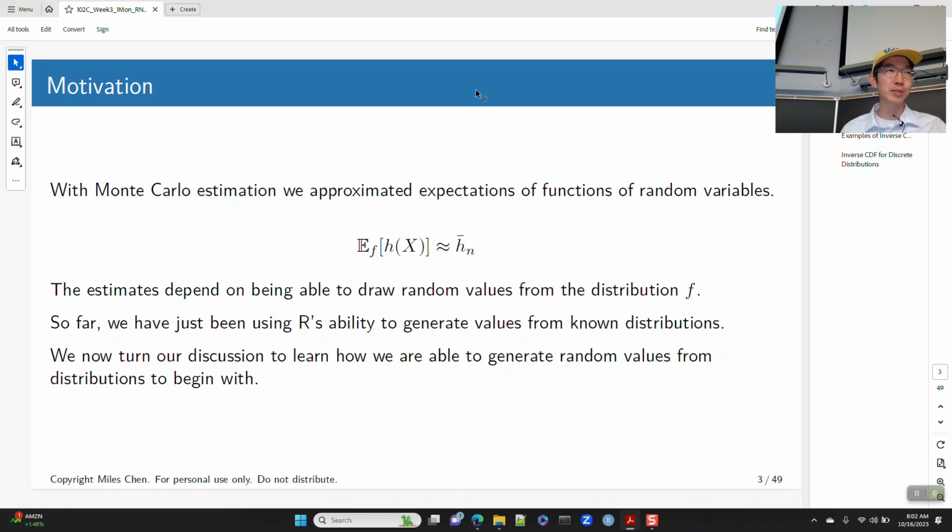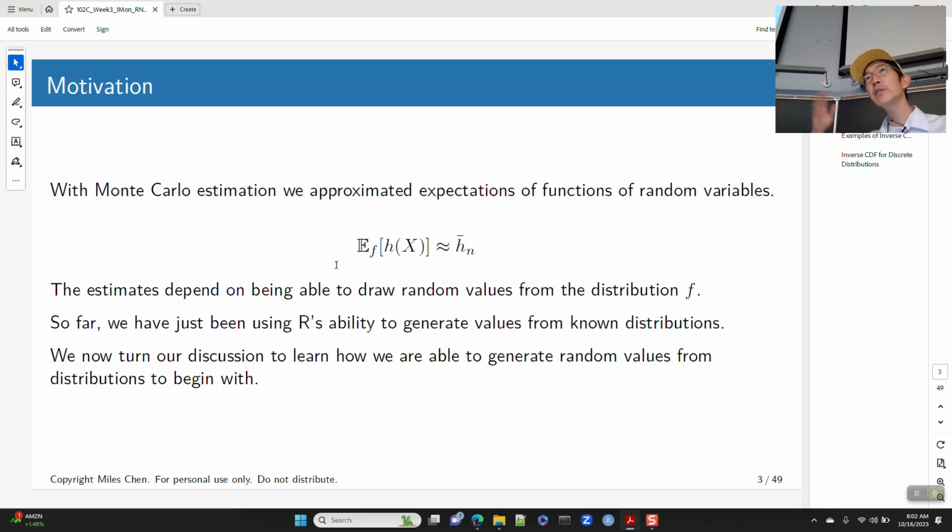We're just looking for an estimate. So far, this quantity represents the expected value when we apply the function h to the random variable x, and the PDF of x is this function f.